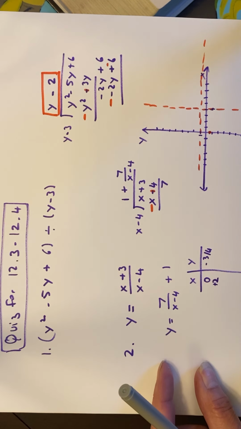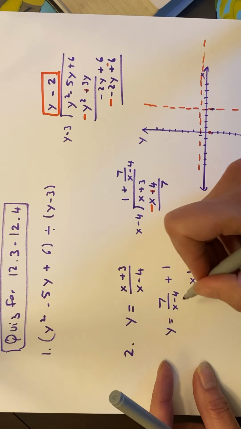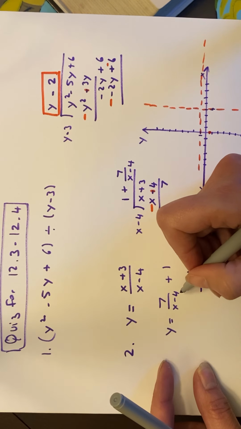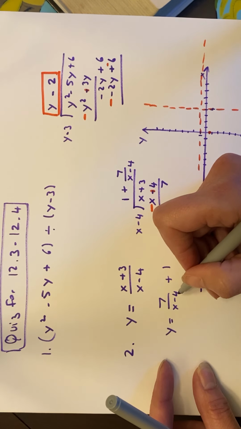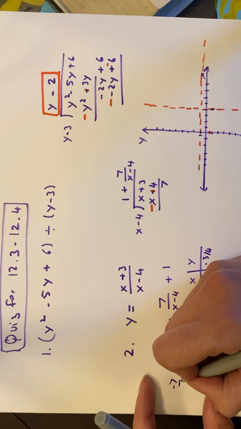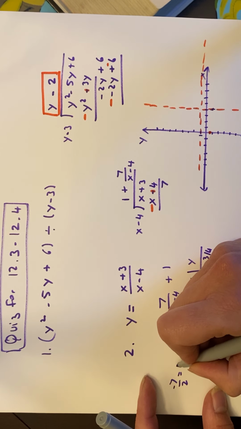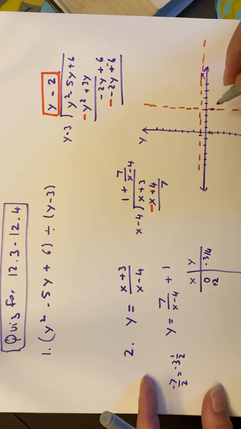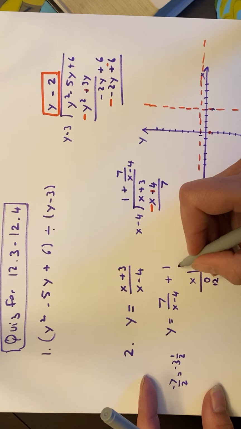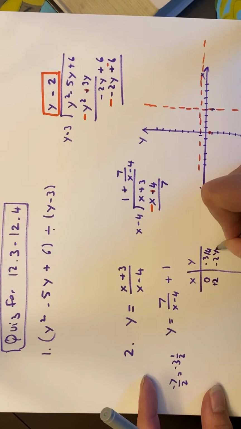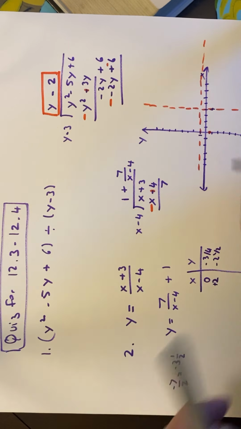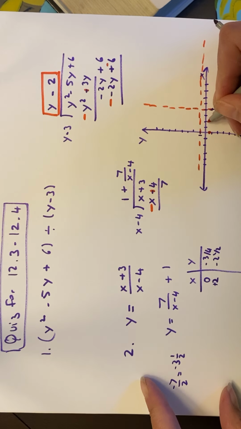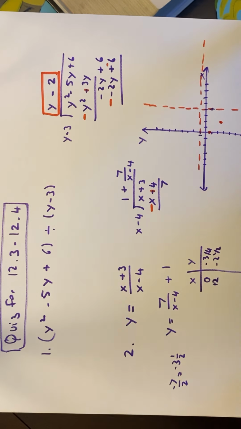Negative 7/2 is negative 3.5. So negative 3.5 plus 1 is going to give me negative 2.5, which is positive 2 and negative 2.5 right here.